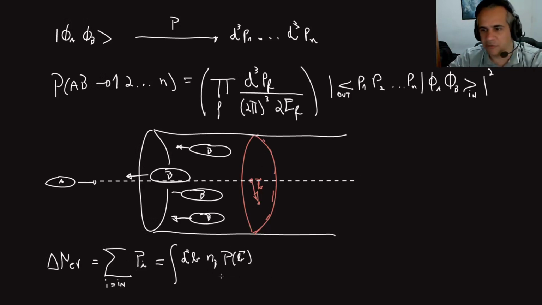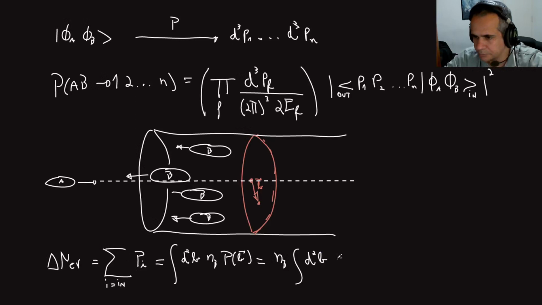If the beam is uniform enough that this density does not depend on the position, I can bring it outside and write N_B ∫ d²b P(b).